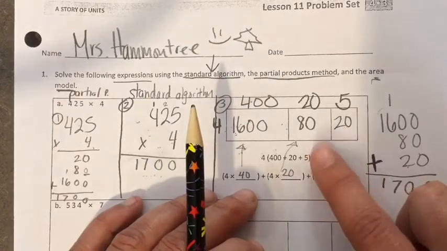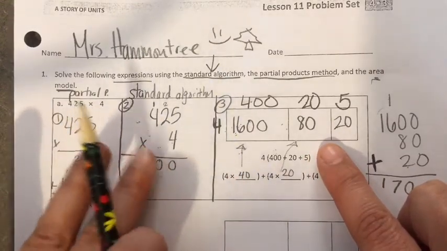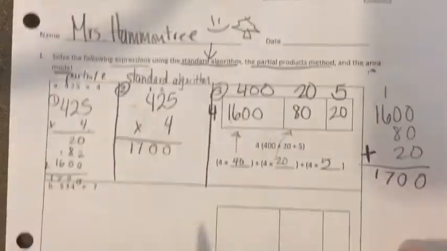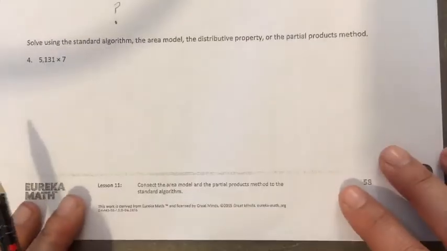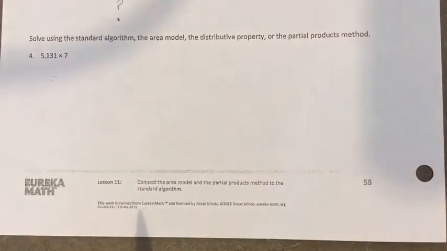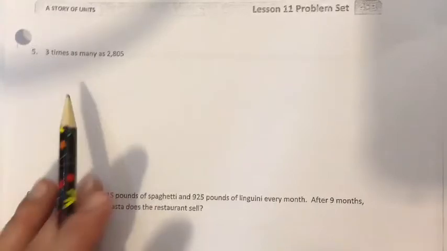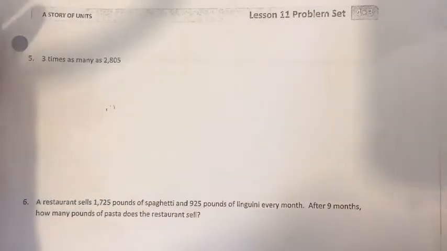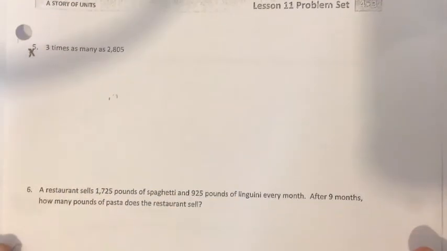This one is my go-to. But when I was little, it was this one. You pick. All right. So what strategy will you use here? If I go to my next page, what strategy will you use here? I do want you to do this one, okay?